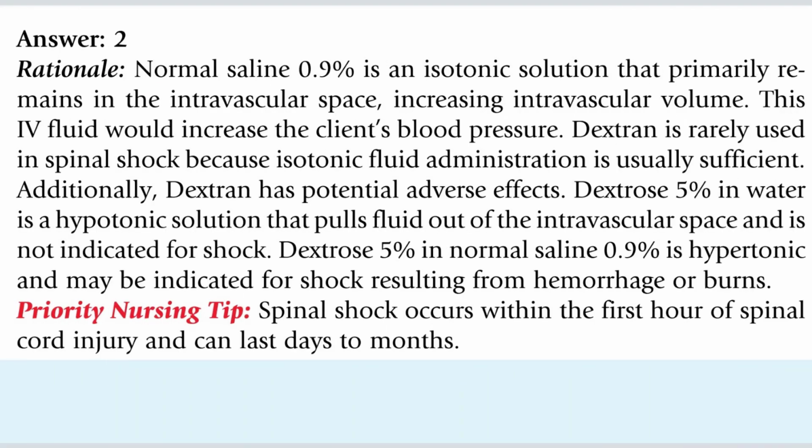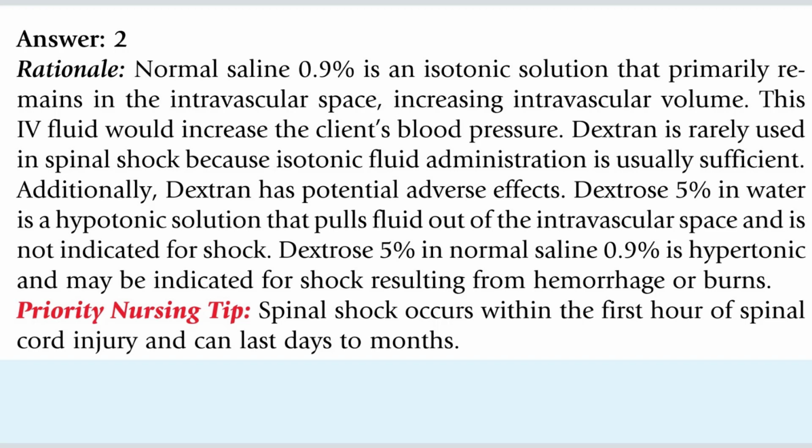Answer: 2. Rationale: normal saline 0.9% is an isotonic solution that primarily remains in the intravascular space, increasing intravascular volume. This fluid would increase the client's blood pressure. Dextran is rarely used in spinal shock because isotonic fluid administration is usually sufficient.